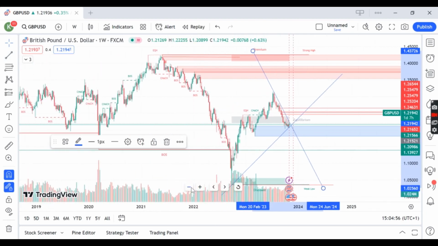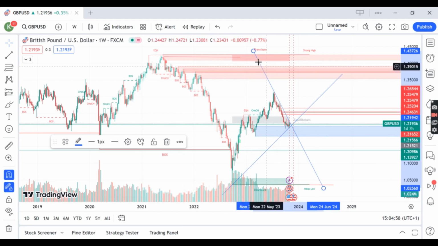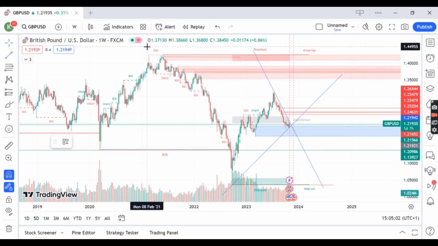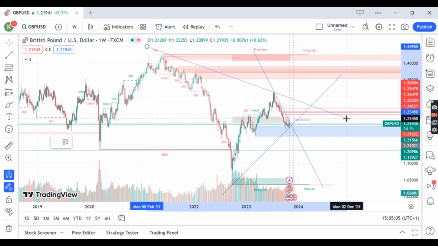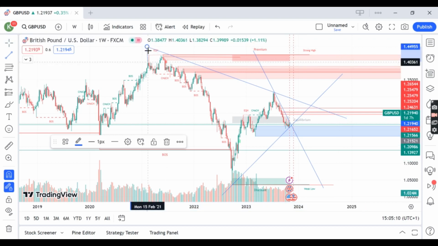Of course, this is the counter trend and this is the downtrend, but here there's still another major downtrend which has been on for a long time now. Okay, I just spotted that now.